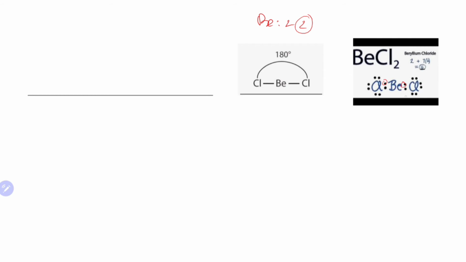This one belongs to Cl with 7. Each Cl has 7 electrons. So like this, with one bond pair between Be and Cl. So the angle is 180 degrees.